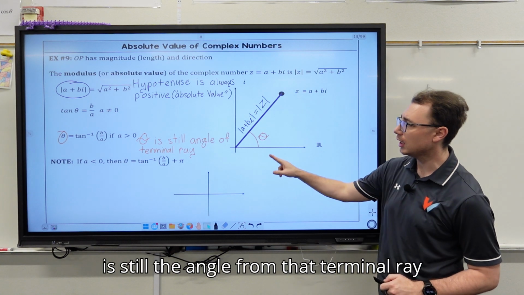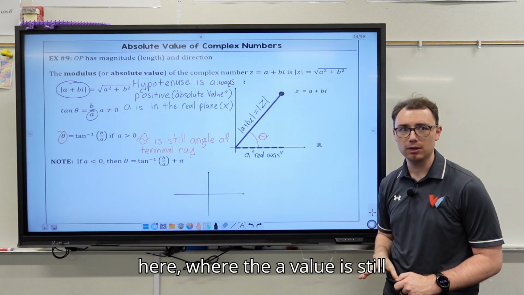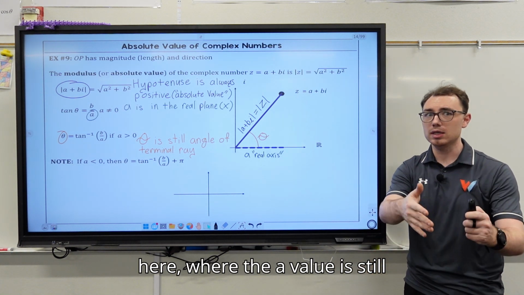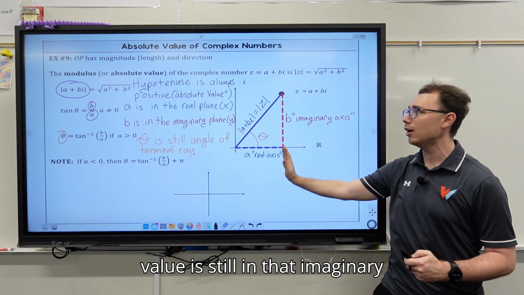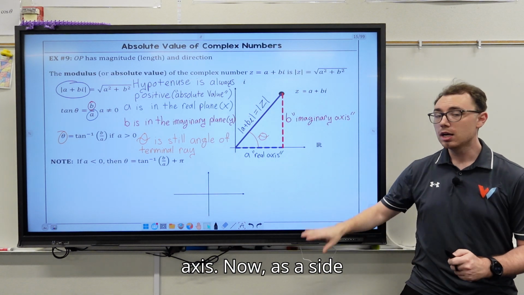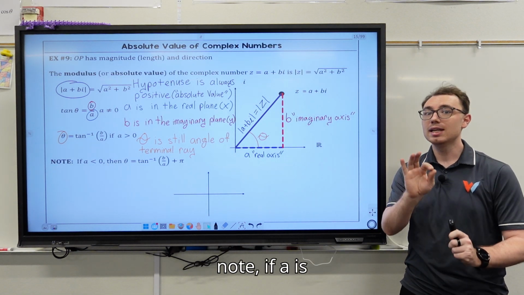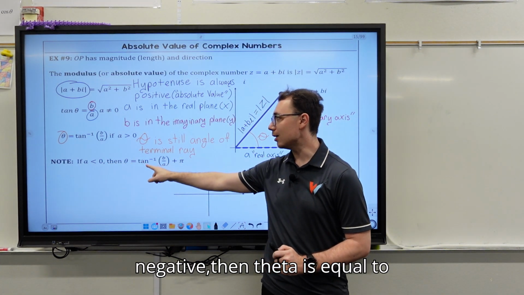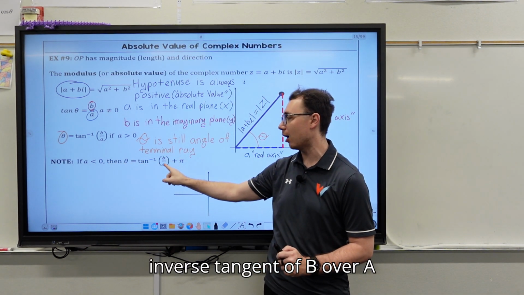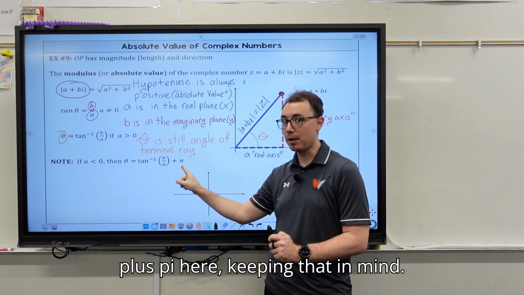Our theta is still the angle from the terminal ray, where the a value is in the real axis, and our b value is in the imaginary axis. As a side note, if a is negative, then theta is equal to the inverse tangent of b over a, plus pi.